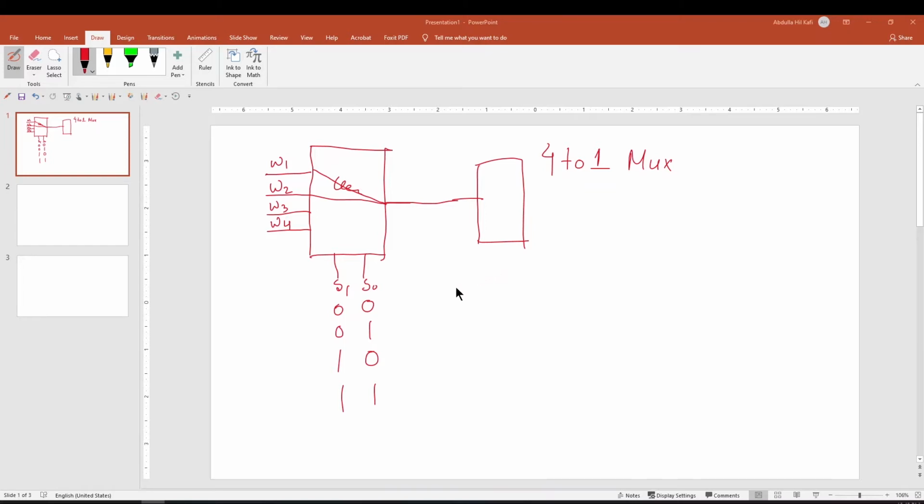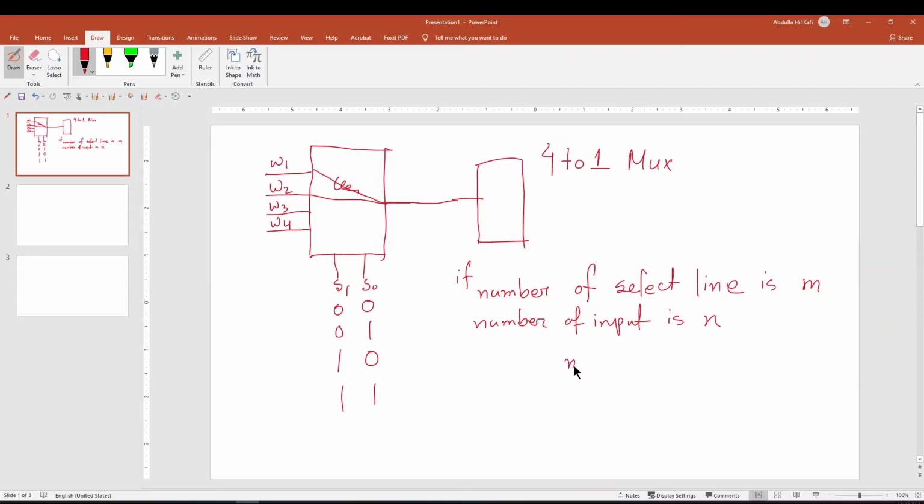If the number of select lines is m and the number of input lines is n, then m is equal to log base 2 of n.